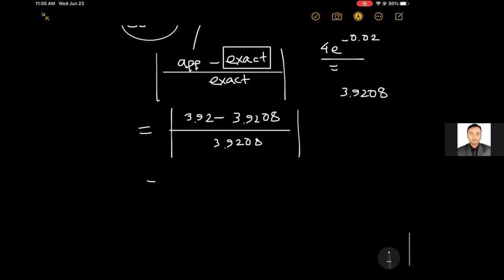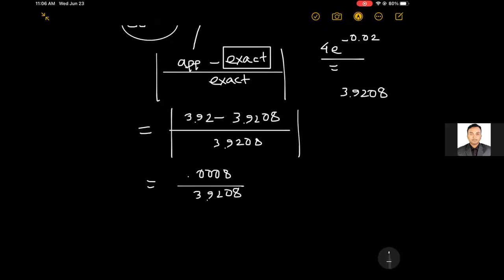So this would be 3.92, it will be 0.0008 over this.